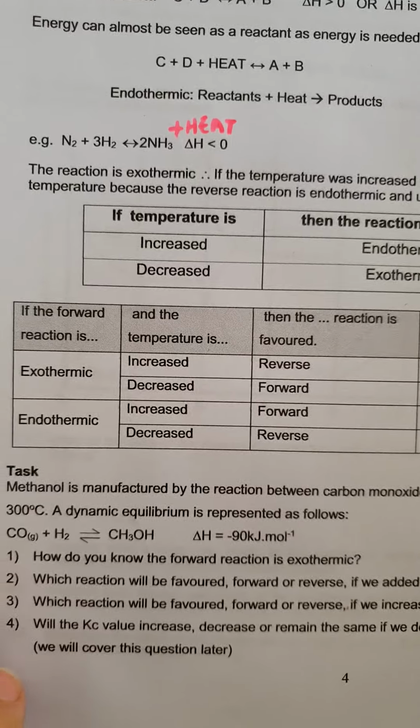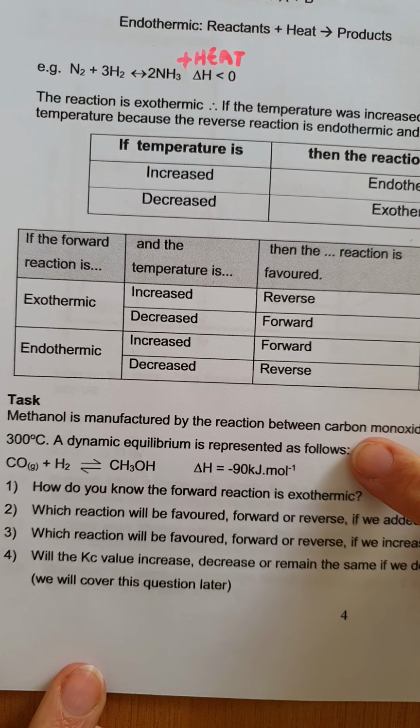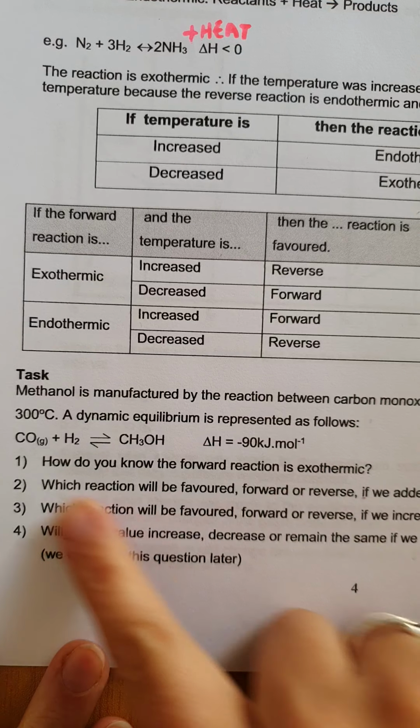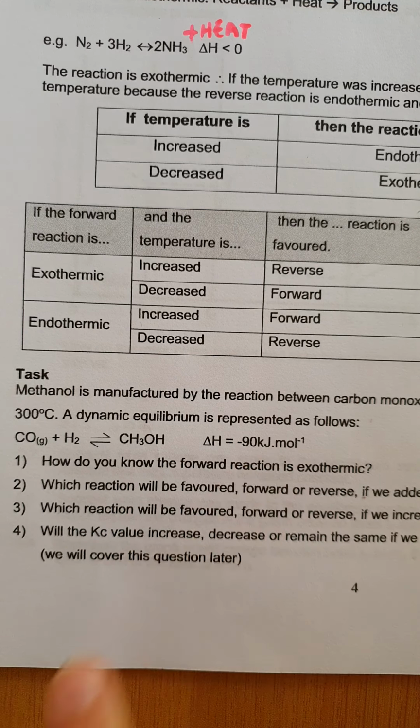So let's take a look at the task here. Methanol is manufactured by the reaction between carbon monoxide and hydrogen at a temperature of 300 degrees. A dynamic equilibrium is presented as follows. So here's our dynamic equilibrium, and we get a negative.